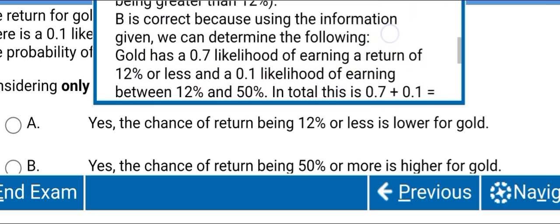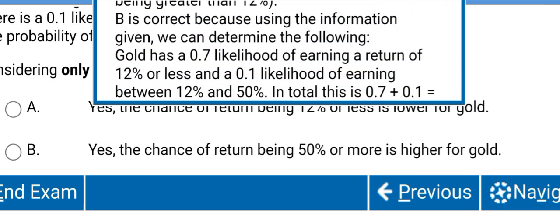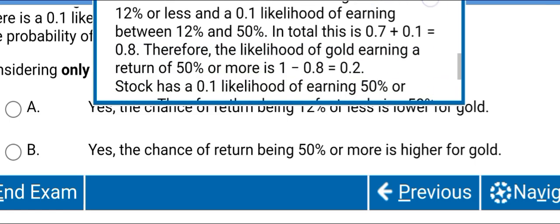B is correct because using the information given, we can determine that gold has a 0.7 likelihood of earning a return of 12% or less, and a 0.1 likelihood of earning between 12% and 50%. In total, this is 0.7 plus 0.1 equals 0.8.